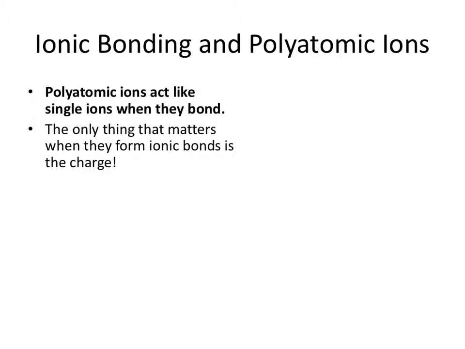Okay, so when ionic bonds are forming for polyatomic ions, it's going to act like a single ion when they bond. So the only thing that matters is their charge. So when we were talking about sulfate, the SO4 part isn't what matters for the bonding. The 2- part is what matters with the bonding. So for example, if we have potassium and sulfide, then that would form K2S, right?